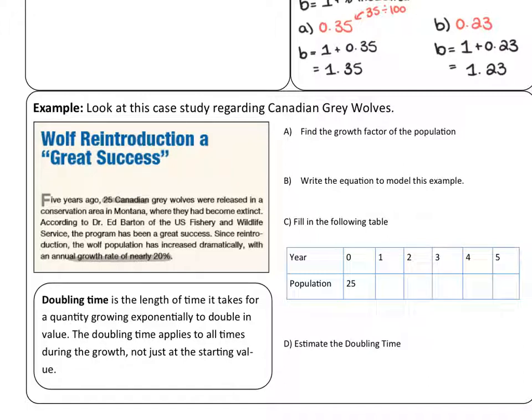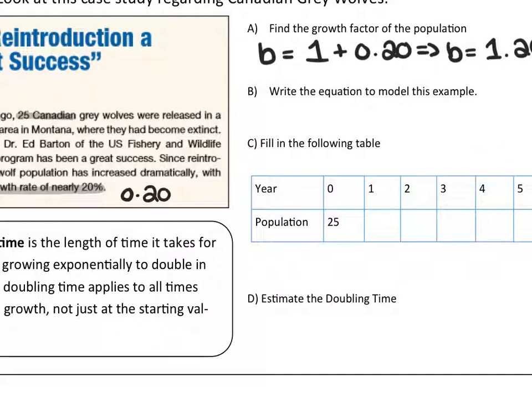So we're looking for b, which is 1 plus the percentage, 20%, which if we write in decimal form is 0.20. So our growth factor is 1.20. Okay, the second question says write the equation to model this example. The way I do this is I just follow the base formula from the beginning.